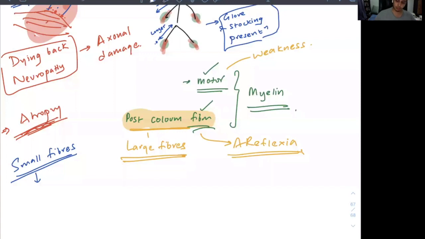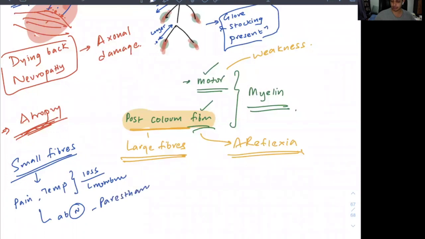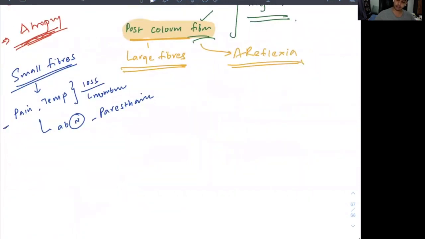So then you have small fiber neuropathy, which means you get pain and temperature changes. You can have either loss of pain and temperature, which is numbness, or you can have abnormal pain and temperature, which is paresthesia. And the other kind of nerve fiber that has only axon is the autonomic nerve. So you have autonomic dysfunction.